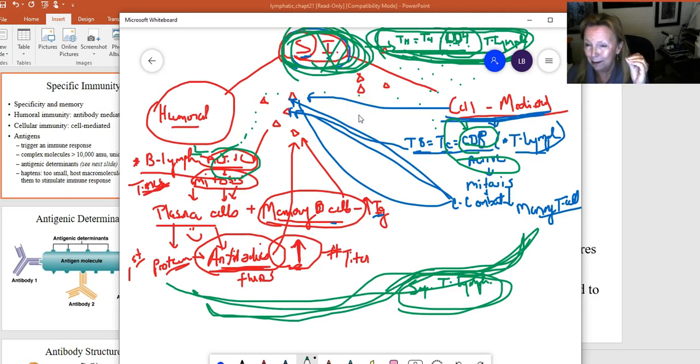But sometimes the way they cause damage is that your immune response is over the top, and there's all this collateral damage happening because of how much the immune system is doing. So when things are working as they should, the suppressor T cells are keeping that from happening.